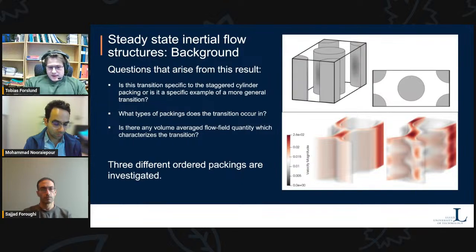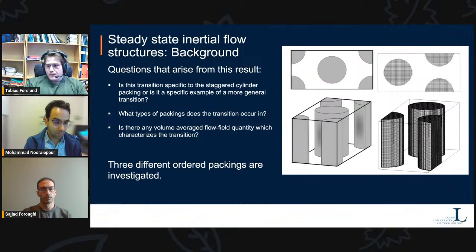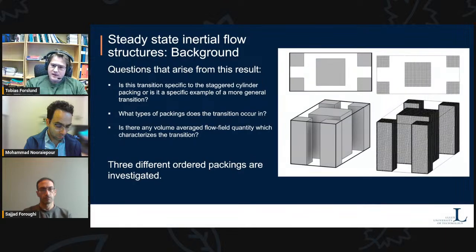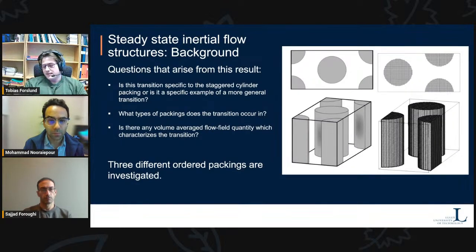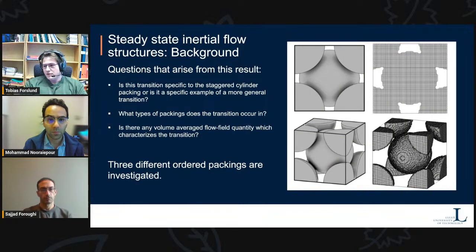So 3 different ordered packings are investigated for this: a staggered cylinder packing, a staggered rod packing, and a staggered, or BCC, packing of spheres. They are all high tortuosity packings, model problems that you see popping up every now and then.